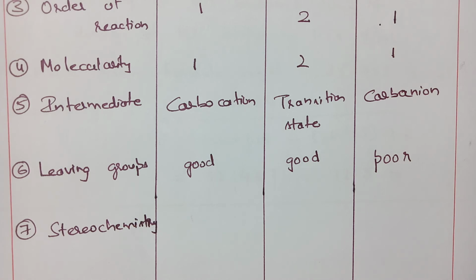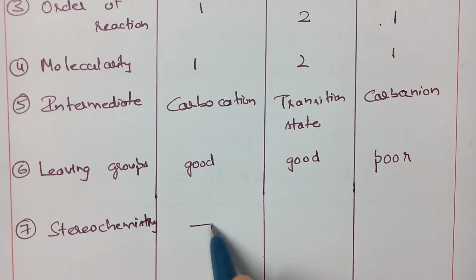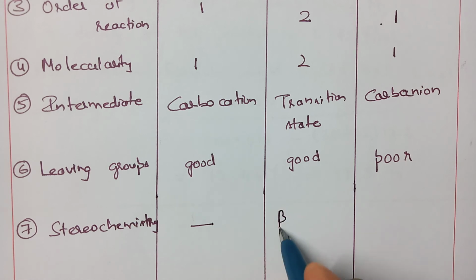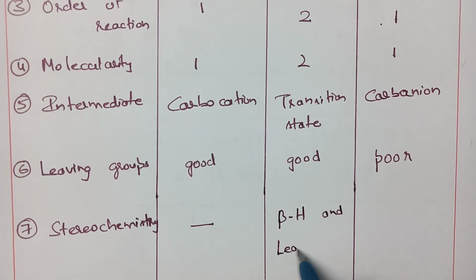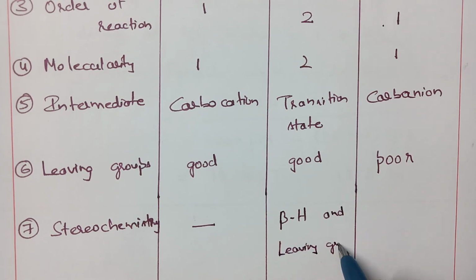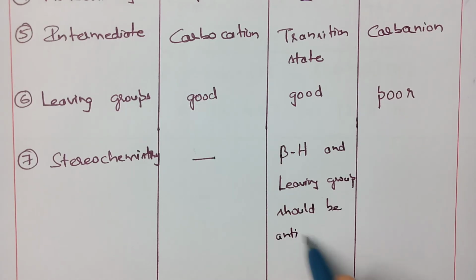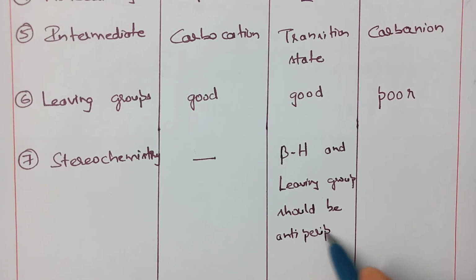Stereochemistry. In E1 and E1cB mechanisms, there is no need of any stereochemical condition, but in E2 mechanism, the beta hydrogen and leaving group should be anti-periplanar to each other.